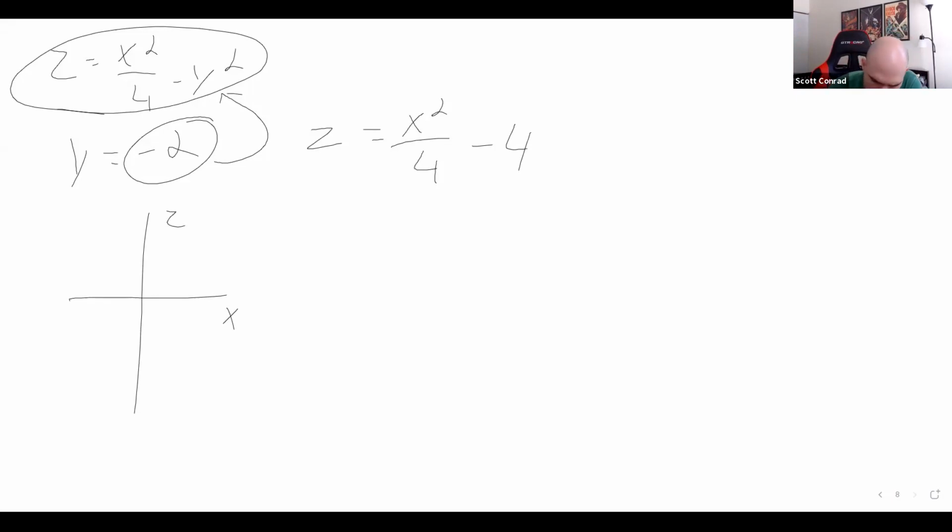Okay, if you really want to cover your bases, the x-intercepts are going to be plus or minus 2.